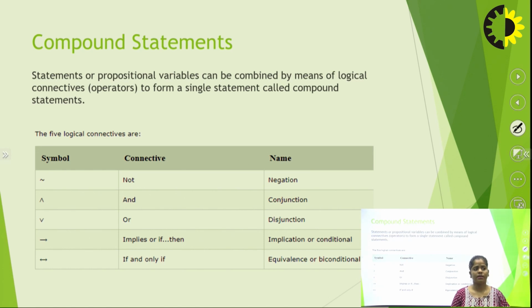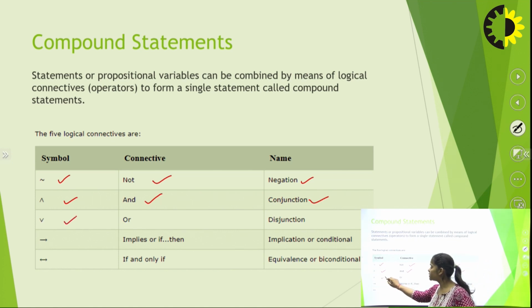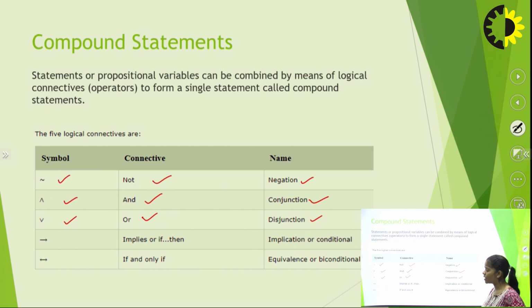This is the symbol used for NOT, and its name is negation. The second symbol is used for AND, which is known as conjunction. The third symbol is used for OR, and it is known as disjunction.